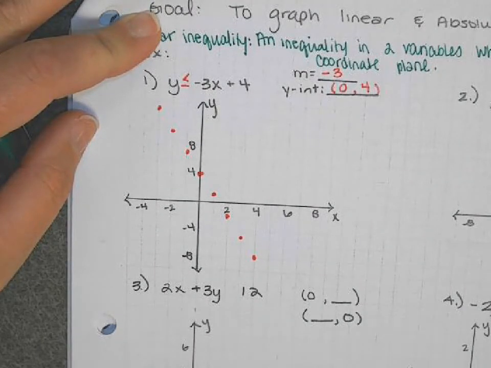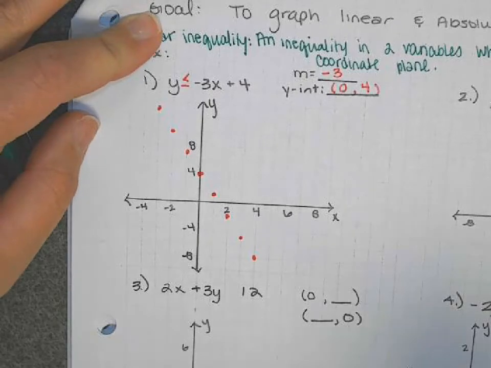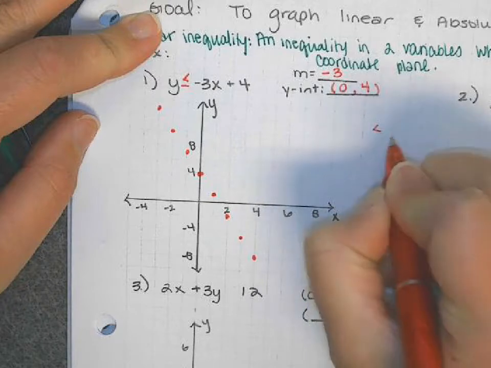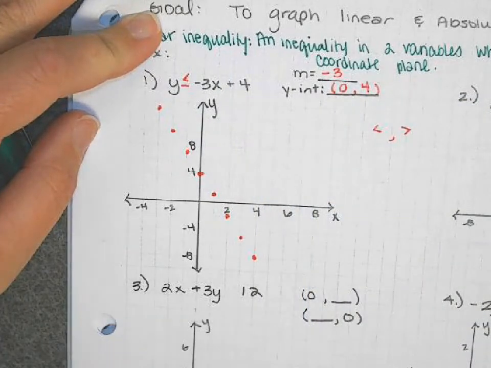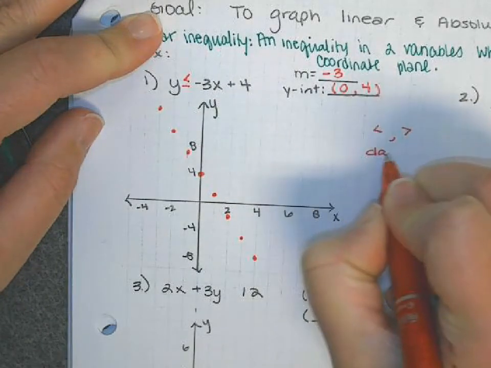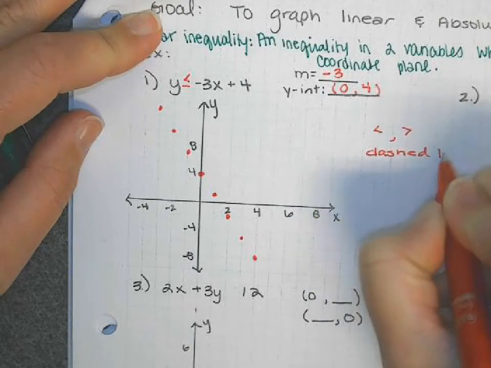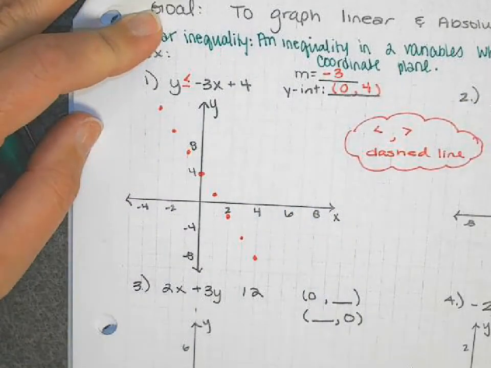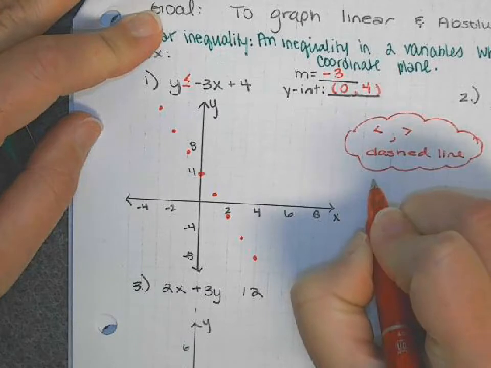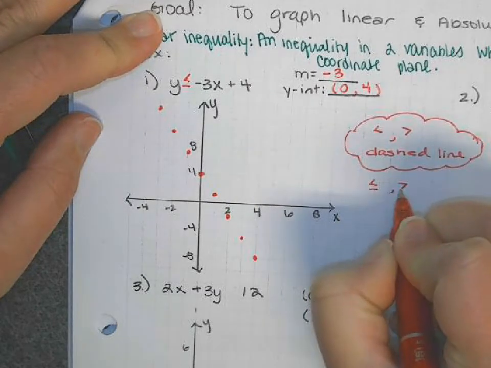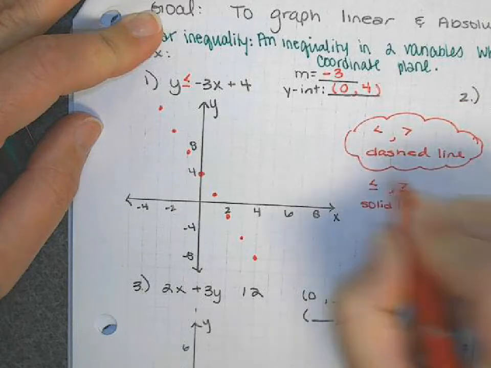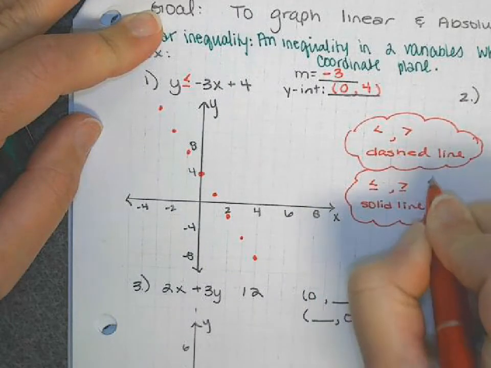So since this is y is less than or equal to, we need to make a note that if it's less than or greater than, we're going to use a dashed line. If it is less than or equal to or greater than or equal to, we use a solid line.